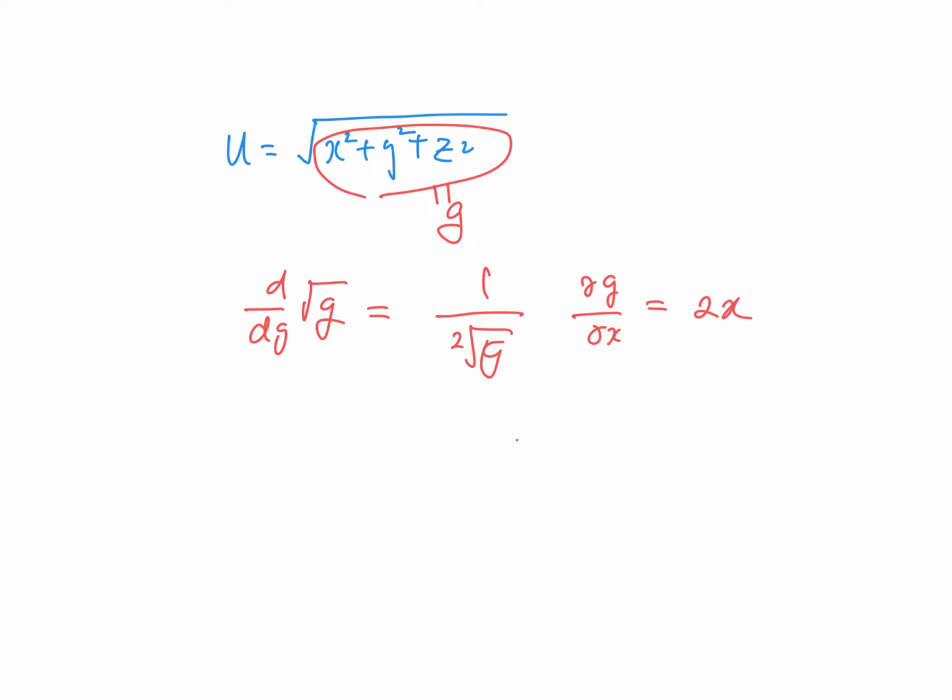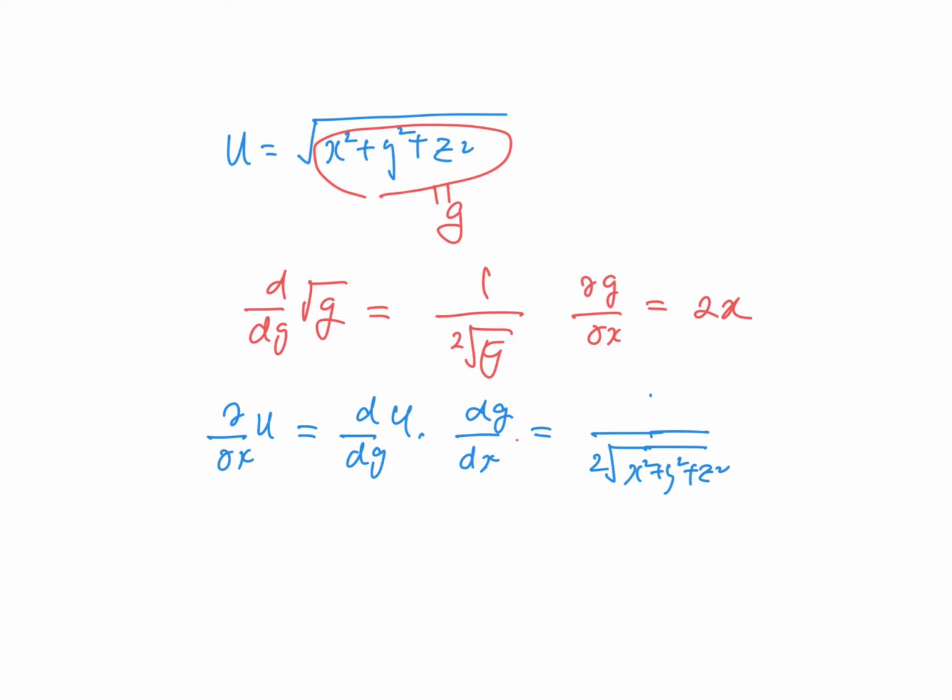So partial u over partial x is du/dg times partial g over partial x, which is one over two root g times 2x, so x over the square root of x squared plus y squared plus z squared.